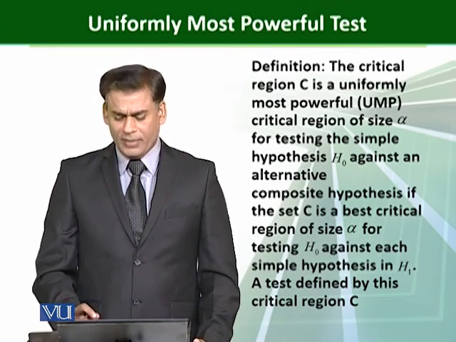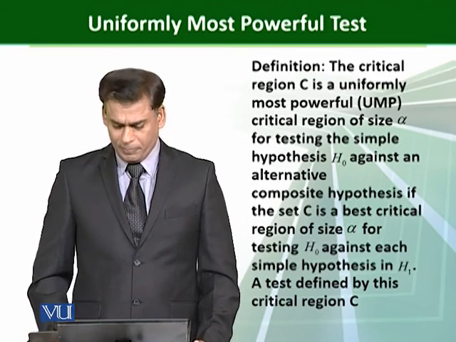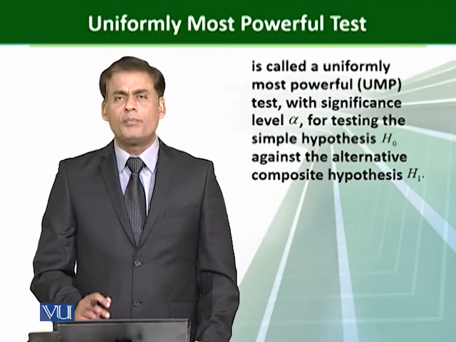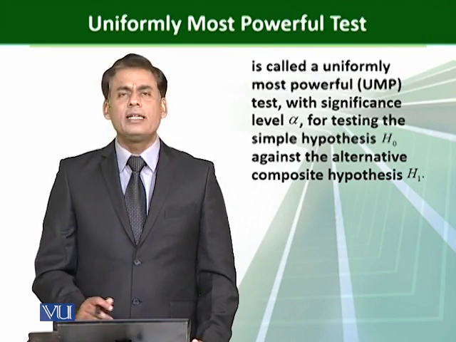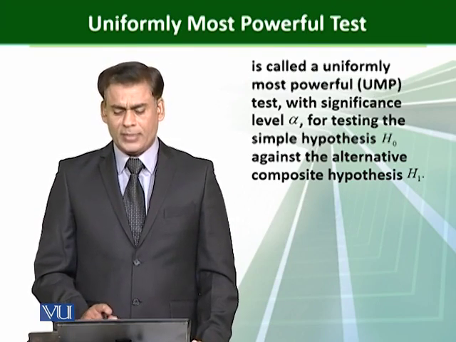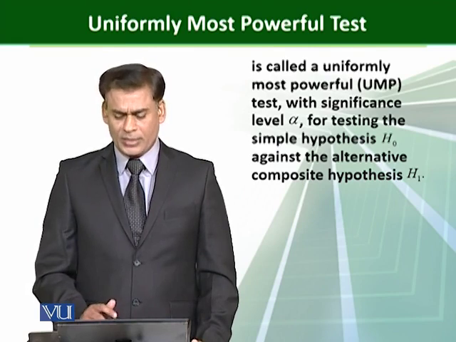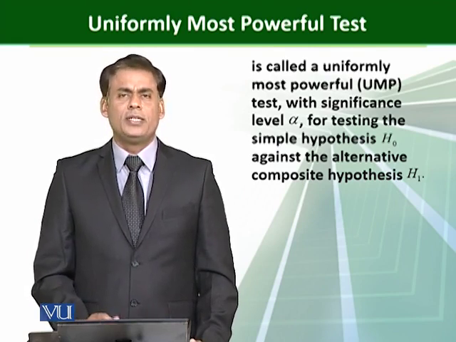The test defined by the critical region C is called the uniformly most powerful test with the significance level alpha for testing the simple hypothesis versus the alternative composite hypothesis H1.